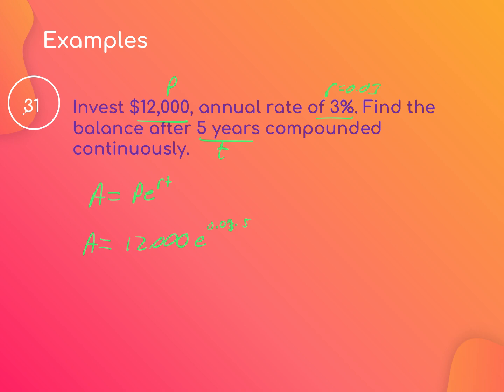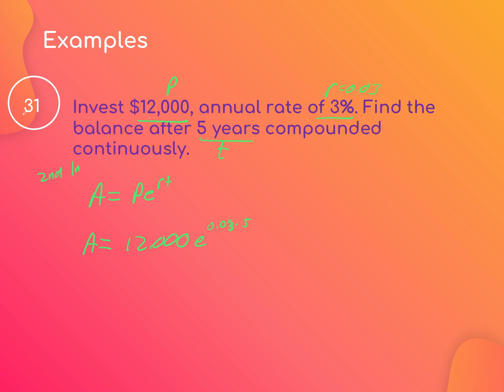A lot of you have that TI-30X IIS calculator. You should see it if you click second ln, or there's a button that says e already and you don't have to do second anything. Depending on the calculator that you have, but typically it's right with the ln.